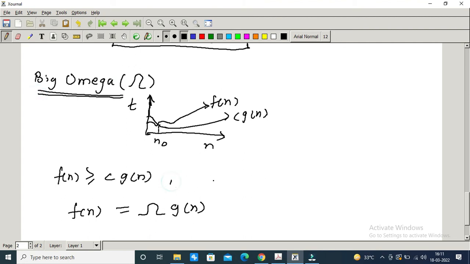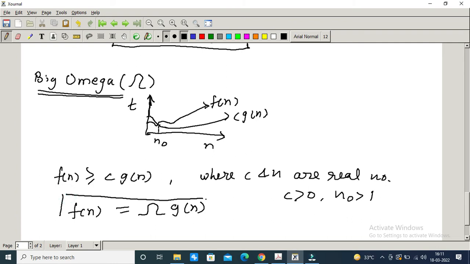And obviously, c and n naught are real numbers such that c is greater than 0 and n naught is greater than 1. So we say that f(n) is omega of g(n).